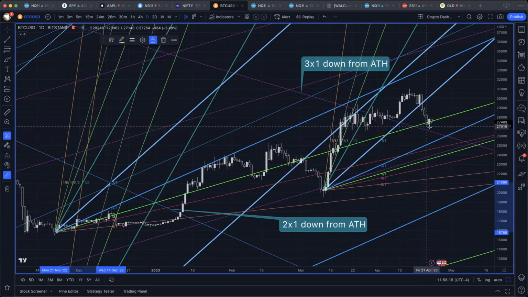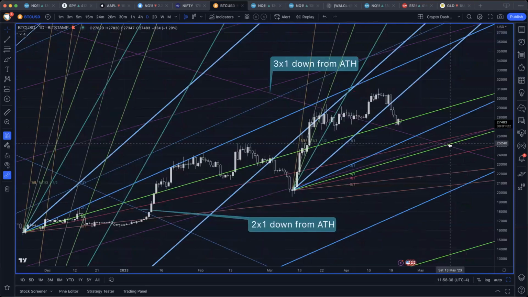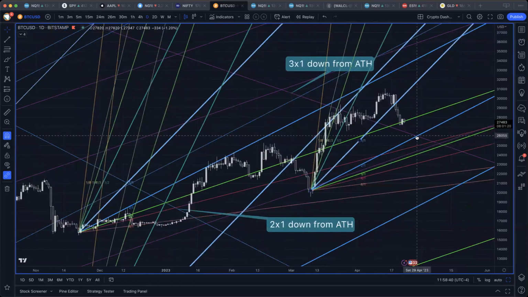I would stay long-term and intermediate-term bullish Bitcoin as long as this 3x1 down holds and this 2x1 up holds. So I would remain a bull as long as we stay above about 26K. Any break below 26K would indicate a change of character here of Bitcoin.